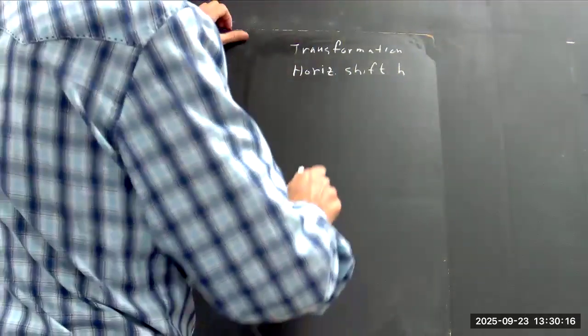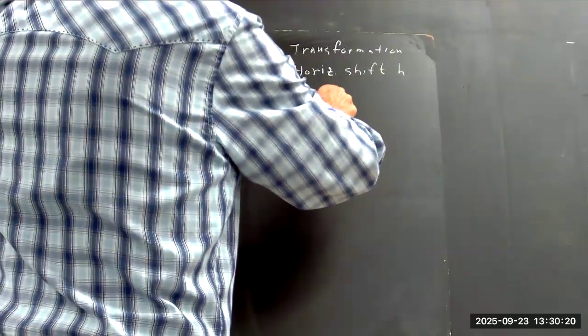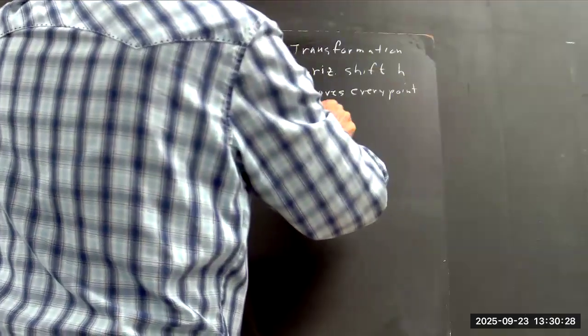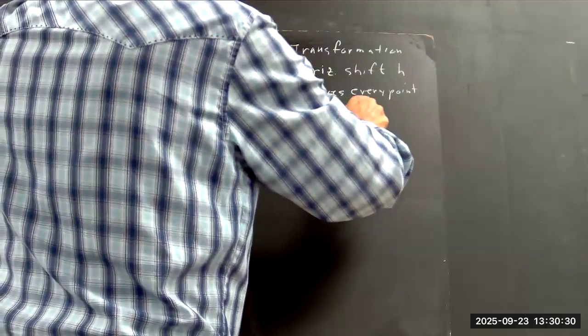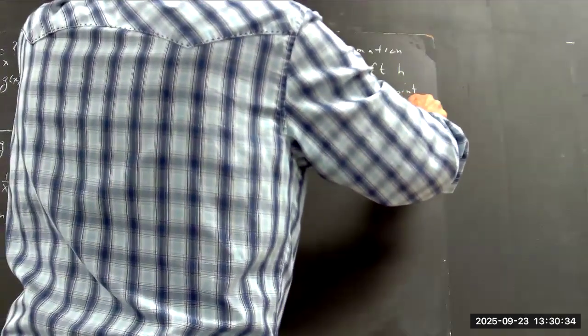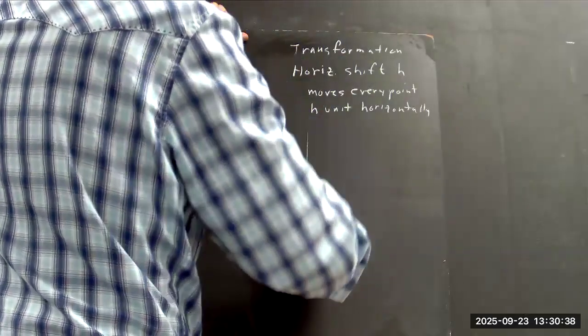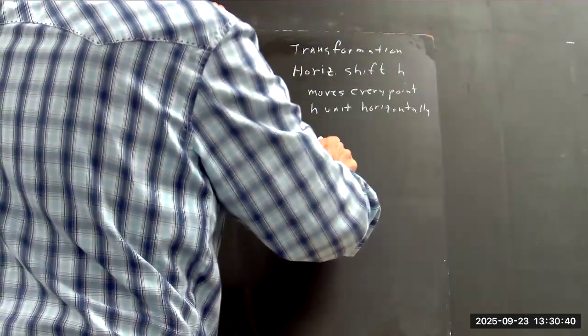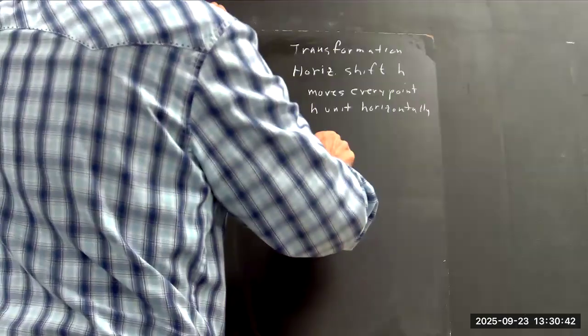Horizontal shift h: every point is shifted h units horizontally. So you've got a graph, and this is a point on the graph.